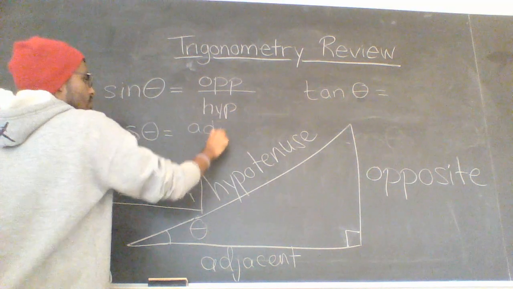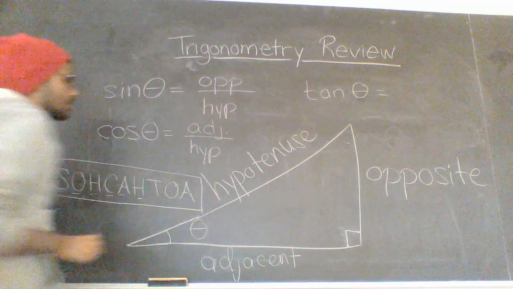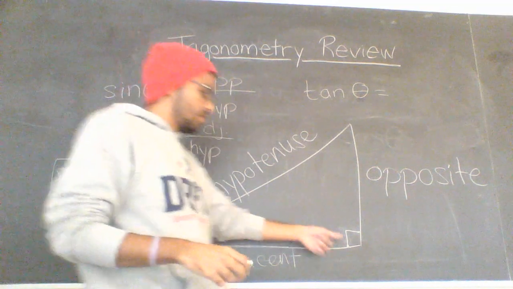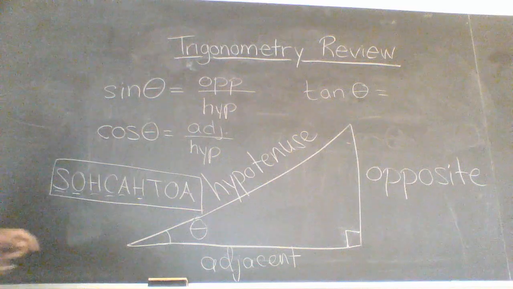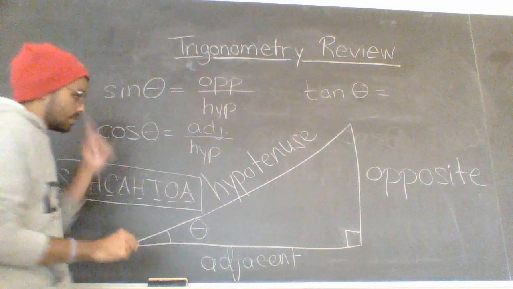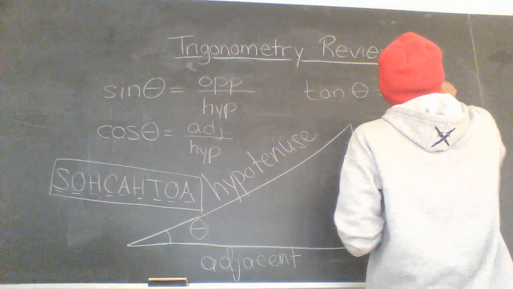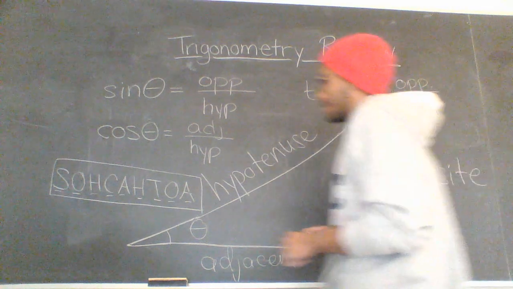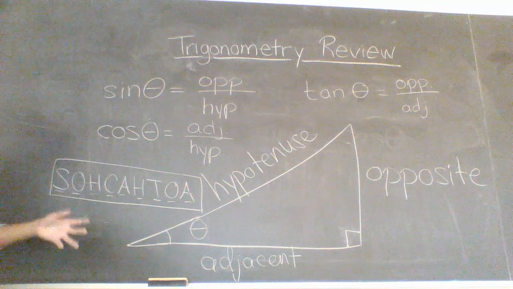Cosine equals adjacent over hypotenuse. Okay? This is only for a right triangle. If you don't have this right angle, this stuff doesn't work. And then tangent, opposite, adjacent. So tangent of theta is opposite over adjacent. Okay? So that's one way that you can remember it.